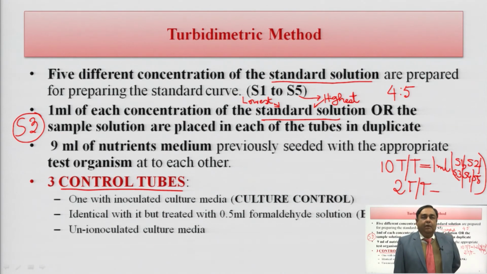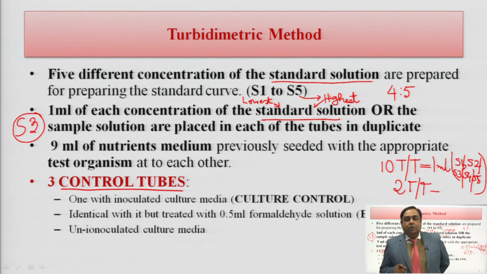Now, you take 9 ml of nutrient medium, basically nutrient broth, which you sterilize in an autoclave initially. This nutrient broth contains all the essential nutrition which the microorganism requires for its growth, but it needs to be sterile, so that it does not contain any extraneous microorganisms.